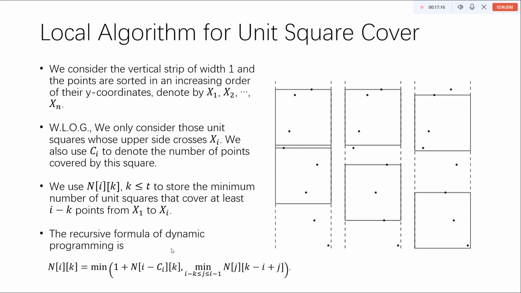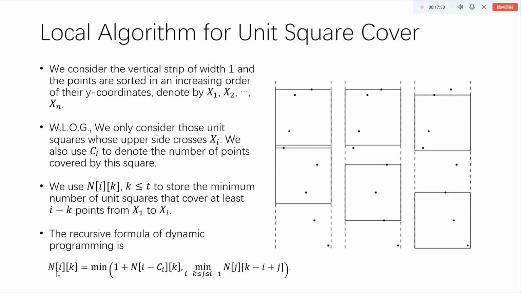As you can see here, we use NIK to store the minimum number of unit squares that cover at least i minus k points from x1 to xi. x1 denotes the lowest point and xn the highest, and x1 to xi are ordered in increasing order of their y coordinates.